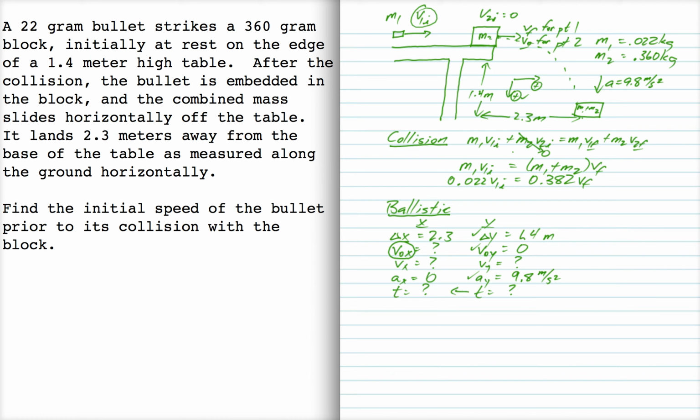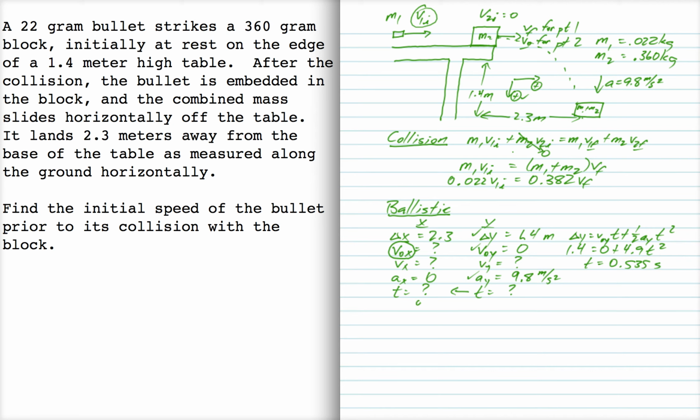So the equation that doesn't have final velocity in it is here, and so that gives me 1.4 is equal to 0 plus 4.9 t squared. So the time it takes for the mass to fall 1.4 meters is 0.535 seconds.